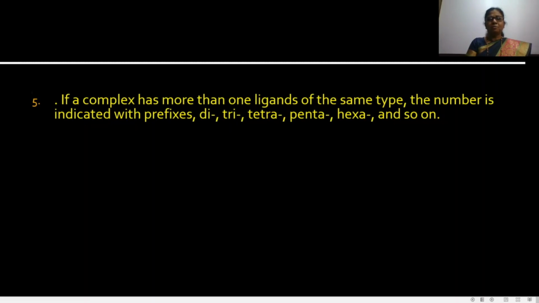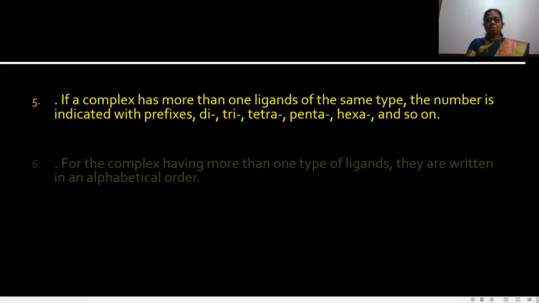If there are two of the same ligand, then write di. If there are three of the same ligand, then write tri. In this way, we denote them as di, tri, tetra, penta, hexa, and so on.